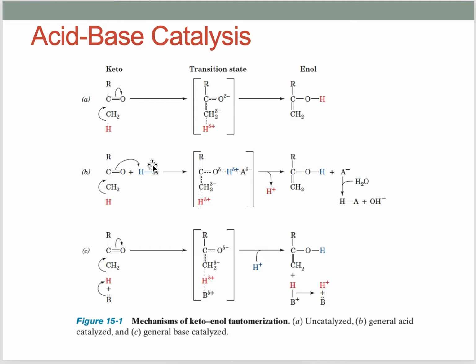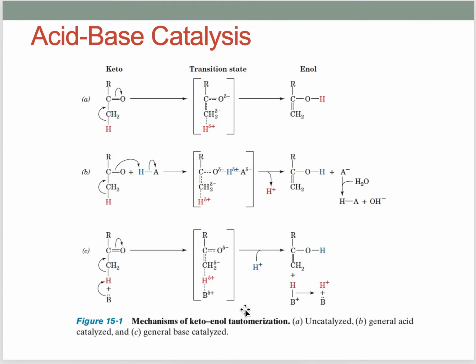Okay, now what happens if the enzyme acts like a base? Suppose this B is the enzyme, and it acts like a base. That means it can subtract a hydrogen. As this is a basic enzyme, it will abstract this proton from this keto structure.